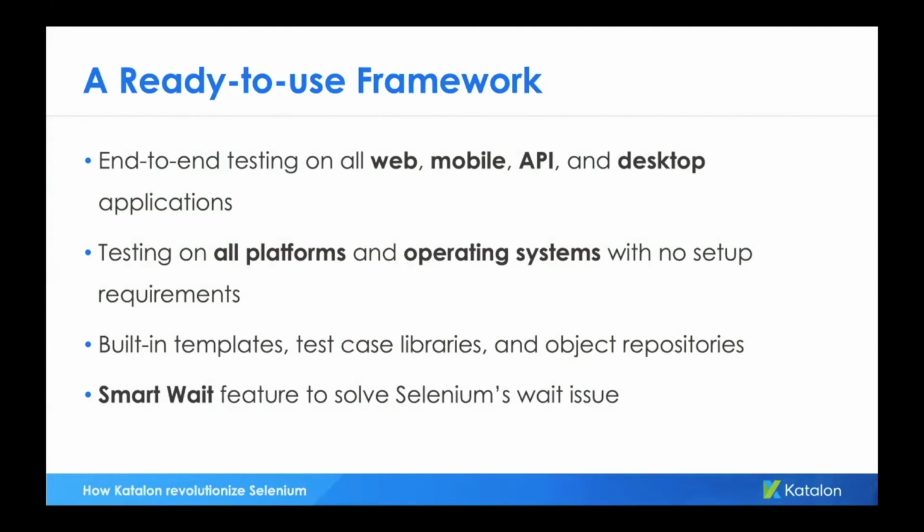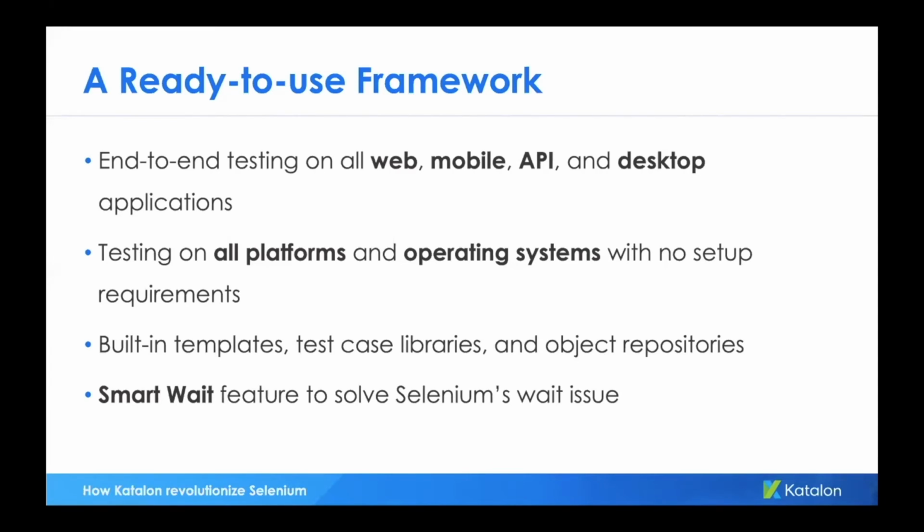As a ready-to-use framework, Katalon Studio users can confidently apply end-to-end testing on web, mobile, API, and desktop applications in one single project. And similarly to Selenium, Katalon also supports testing on Windows, macOS, and Linux.